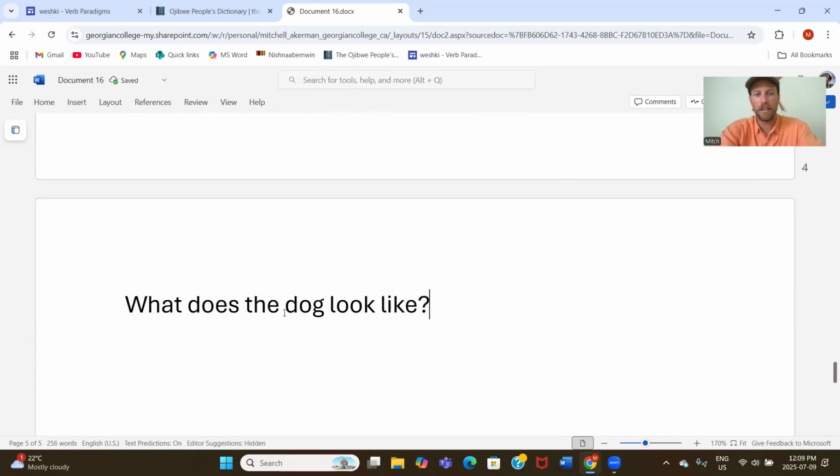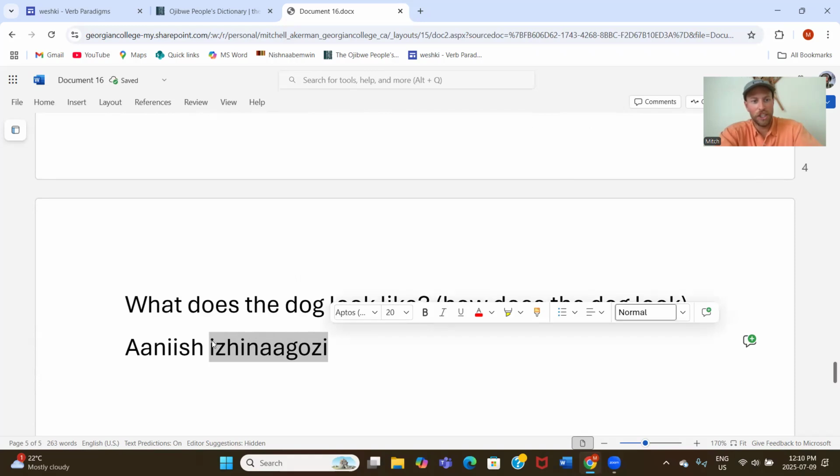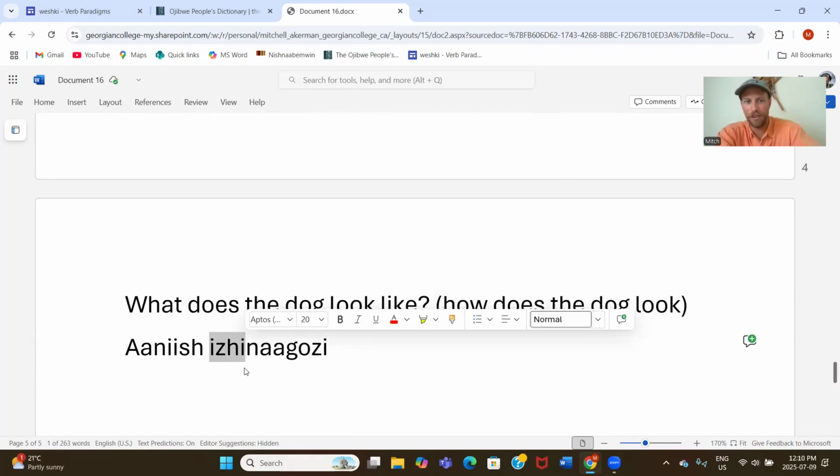Or how does the dog look? That's the other thing. It'd be like, how does the dog look? You're going to see that we're going to ask with Anish, and then the verb is ijinagaze. He or she looks a certain way. And ijinagaze starts with ije, right? You see that ije is built into ijinagaze. He or she looks a certain way.